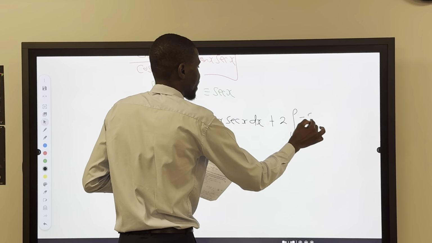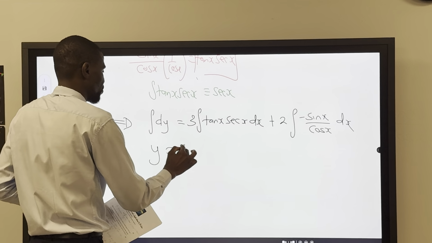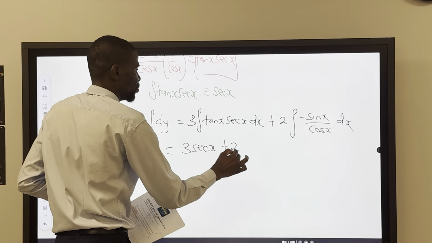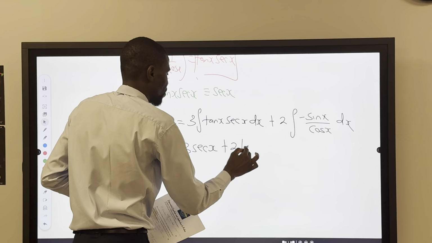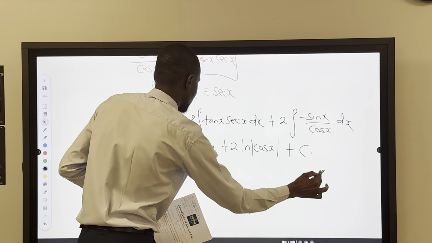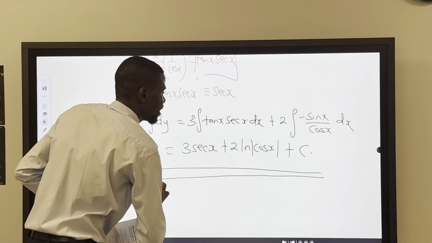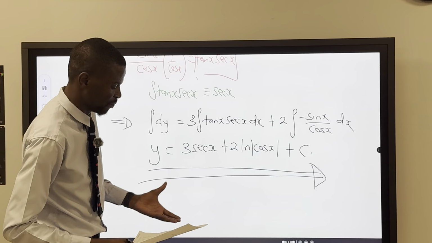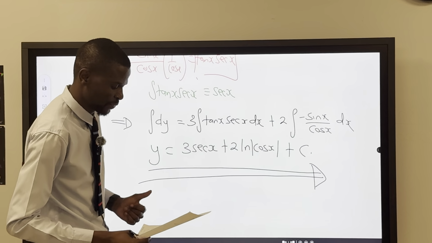So here it is just y equal to 3 sec x plus 2 natural log of cos x, plus c. Remember, the question requires us to find the general form of that. Right, so basically that's how we solve this problem.